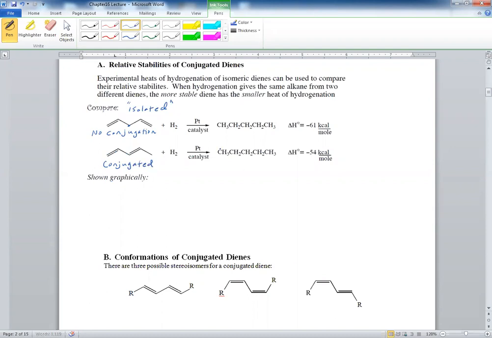What's special is that if you go ahead and react this with hydrogen, you would like to hydrogenate these molecules, simply like hydrogenated oils. You notice that the isolated diene gives off more energy than the conjugated diene. So this means, okay, they're both the same compound, by the way.